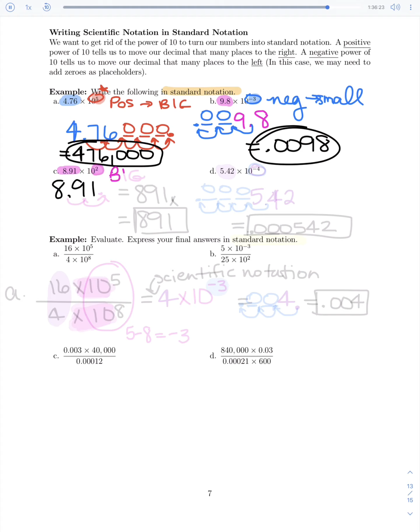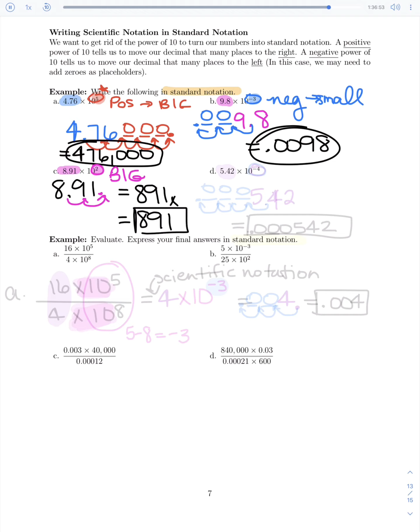So it tells us we're going to move our decimal place to the right to make our number bigger. How many places? The 2 places that are on our exponent. So 1, 2, so the decimal goes at the end. So that gives us the number 891 with the decimal at the end. Remember, if the decimal's at the end of the number, you don't have to write it. So it just becomes the number 891.